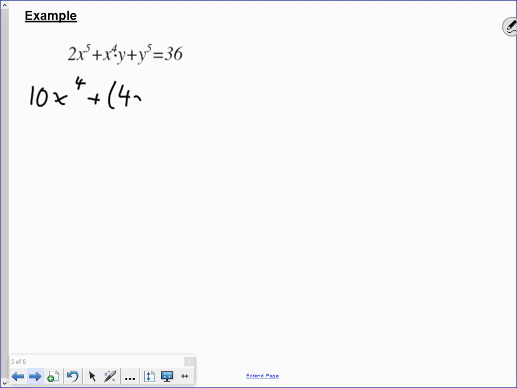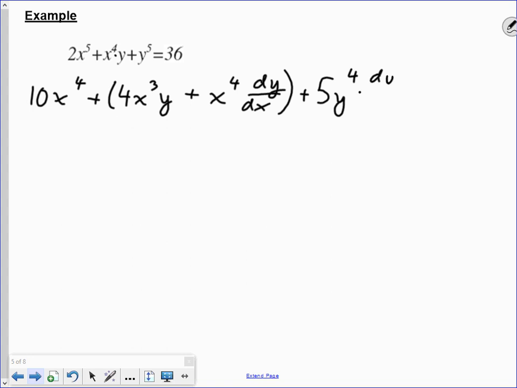So 4x cubed y plus x to the power of 4, and the derivative of that y with respect to x is dy dx. Plus, again, we're going to treat this y term as a composite function, bring down the 5, subtract 1 from the exponent to get a power of 4, multiply by the derivative of the inner function, dy dx. And all of this is going to be equal to 0.